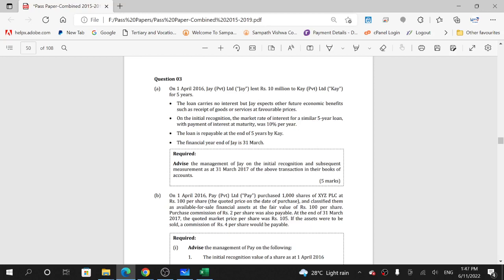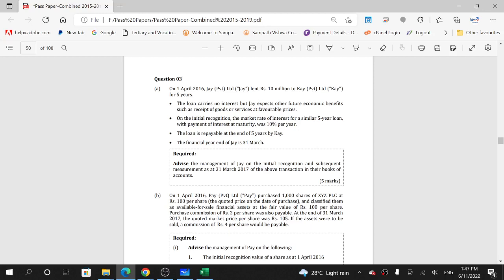Now you need to get a fair value for this loan. J company has given 10 million to K, and K has agreed to repay this loan after 5 years, which means after 5 years I am receiving the money but no interest. Can you imagine a company giving a loan with no interest? Is it at fair value? No, it is not at fair value. Why?